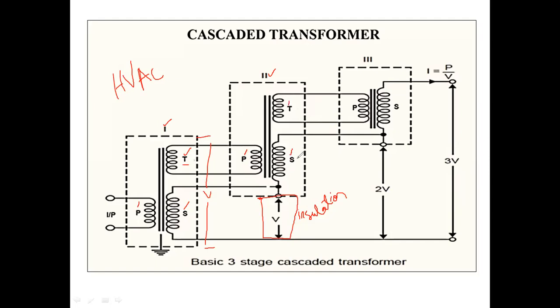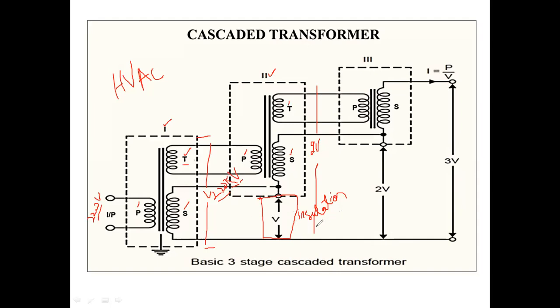The windings are selected in such a way that we will get 2V on the secondary side of this second transformer. For example, if we have 220 volts over here, we will get 220 kV. This is a step up transformer, that is why we will get the high voltage on the secondary side.